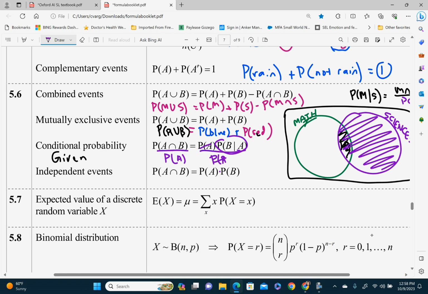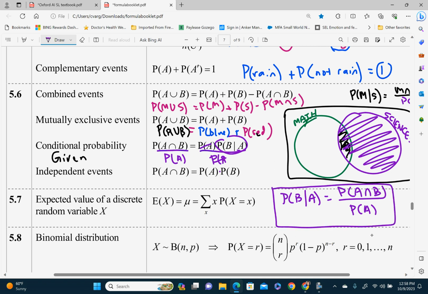So you get the probability of B given A is equal to the probability of A and B divided by whatever's second. So in this case, the A is second, so the probability of A goes on the bottom, okay? So this formula might be easier to remember, but worst case, this is in your formula booklet, so you can go ahead and just refer back to it.